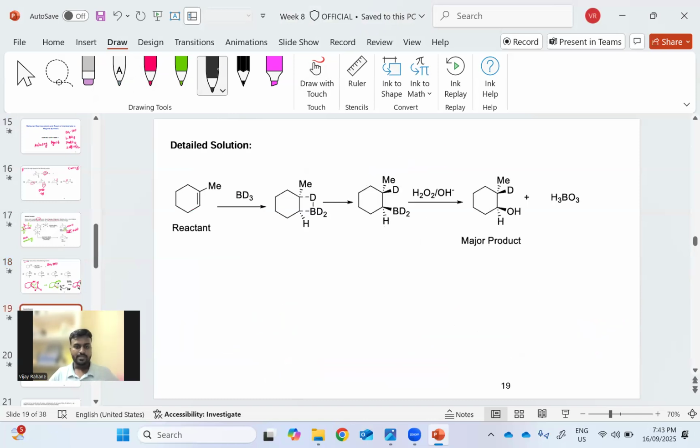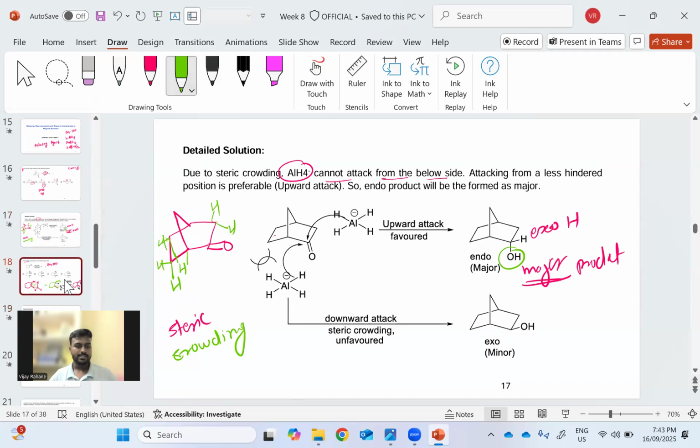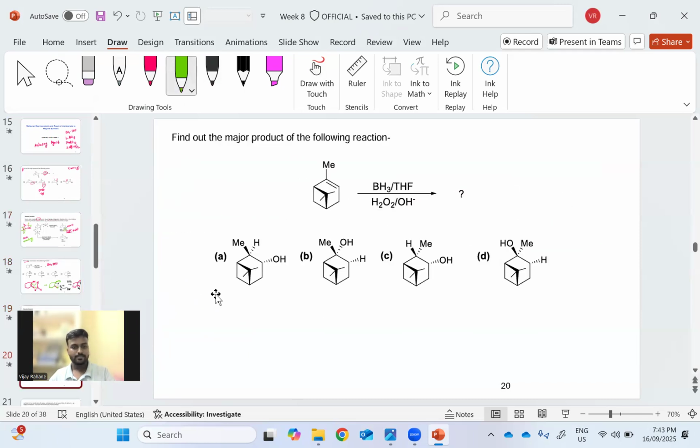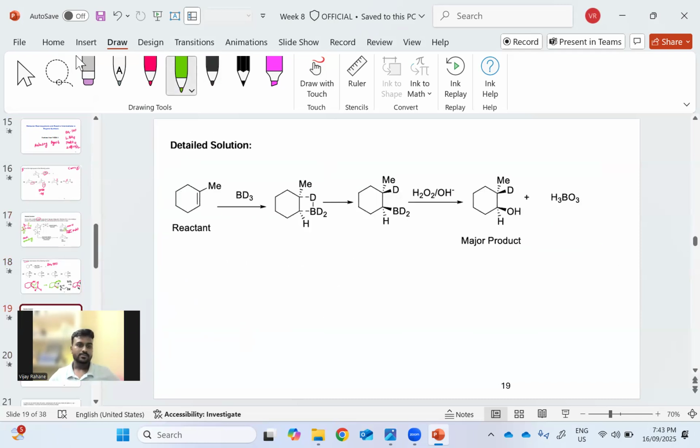So if you look at the correct mechanism here, in the same manner, instead of that hydrogen, the difference is the deuterium. That's just an isotope of hydrogen. So the mechanism will be the same, right? So that's the BH3 part, or the BD3 part.